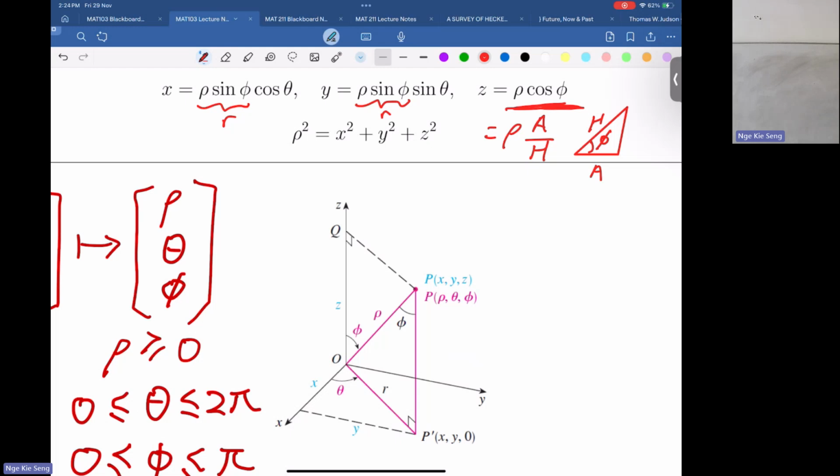But cos phi is the adjacent edge divided by the hypotenuse.